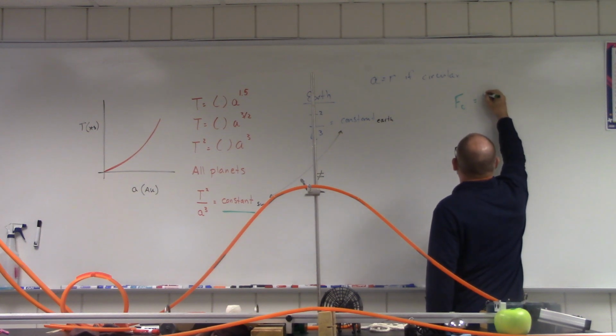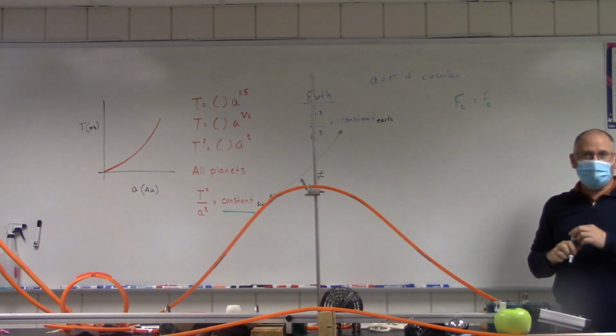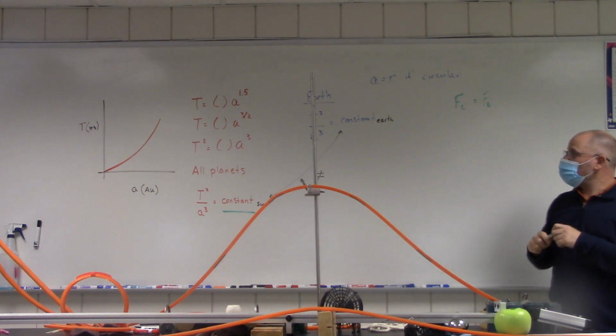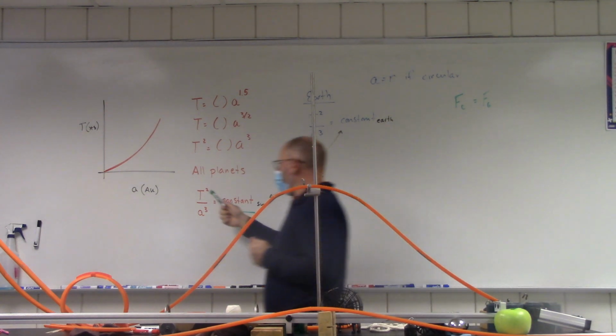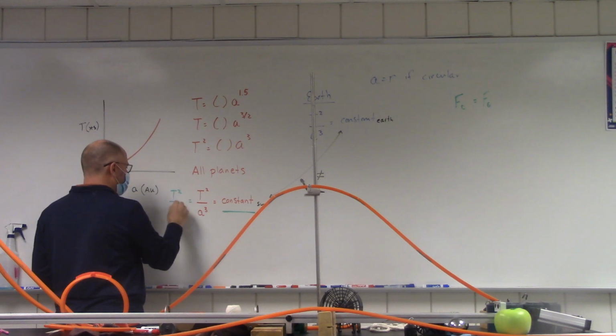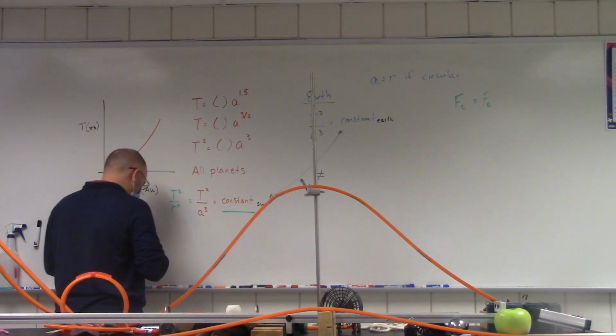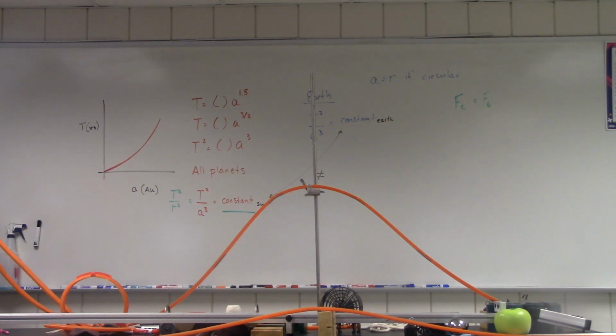The centripetal force should be equal to the gravitational force, correct? You with me on that? Start with the mathematical equations that come to it. Somehow you should end up with T squared over R cubed. All right? Work with your neighbor. See if you can come up with the value for the constant for the sun. There's going to be a couple steps to get over, but I'm confident you can do it. Do that right now.